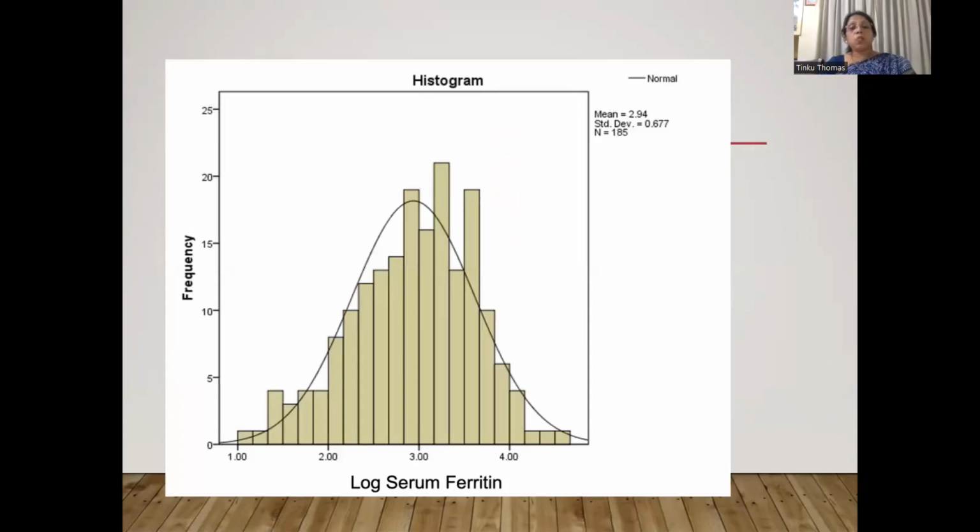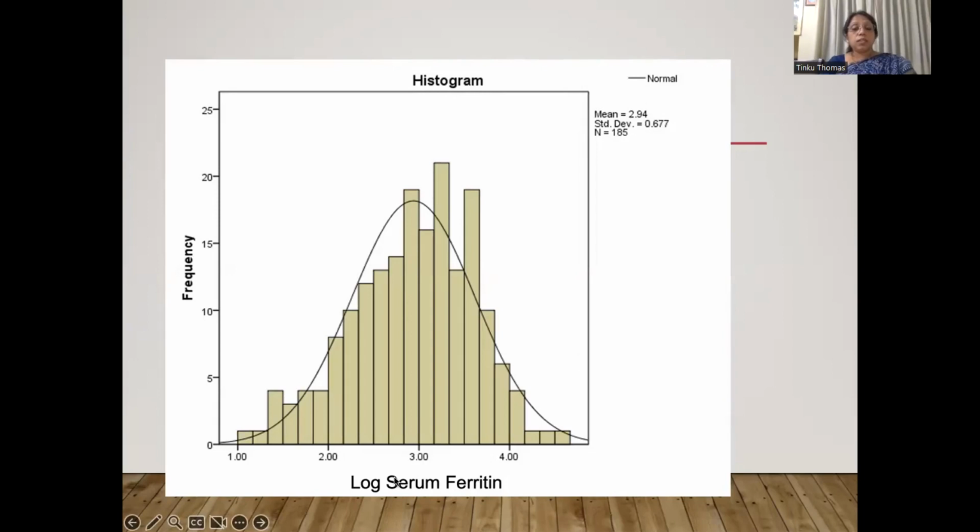So what one could do is to calculate the log value of serum ferritin, that is a transformation of the data, and then use the transformed data for all further calculations. So this is an example here where the log value of serum ferritin is taken, and the mean that you see here is actually a mean of the log. So don't just go by that. That is not right.